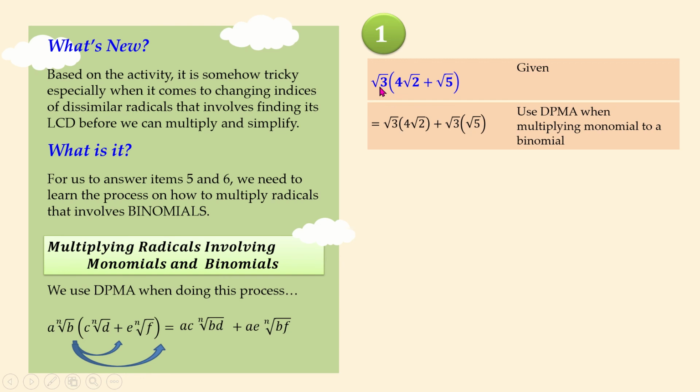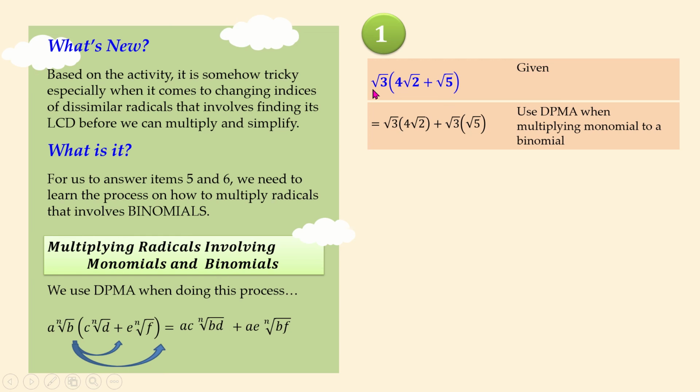The process is monomial times first term, square root of 3 times 4 square root of 2, in parentheses, plus, since the binomial has a plus. The separating operation is plus. If it were minus, it would also be minus, but since it is plus, plus. Next, monomial square root of 3 times square root of 5.